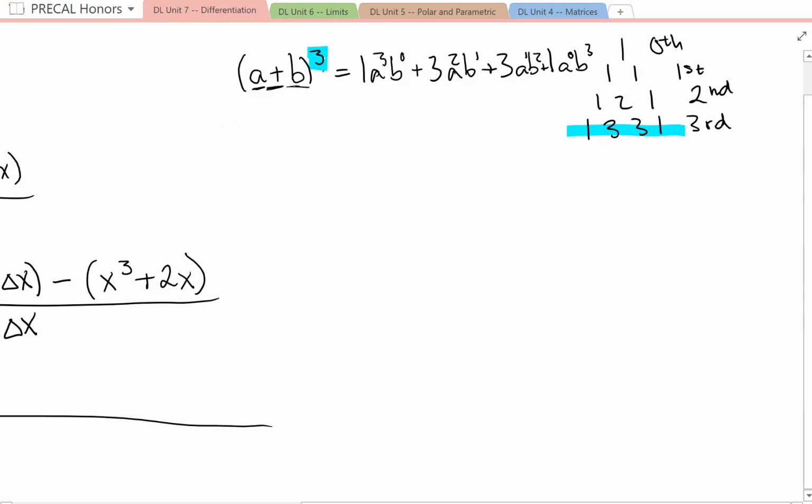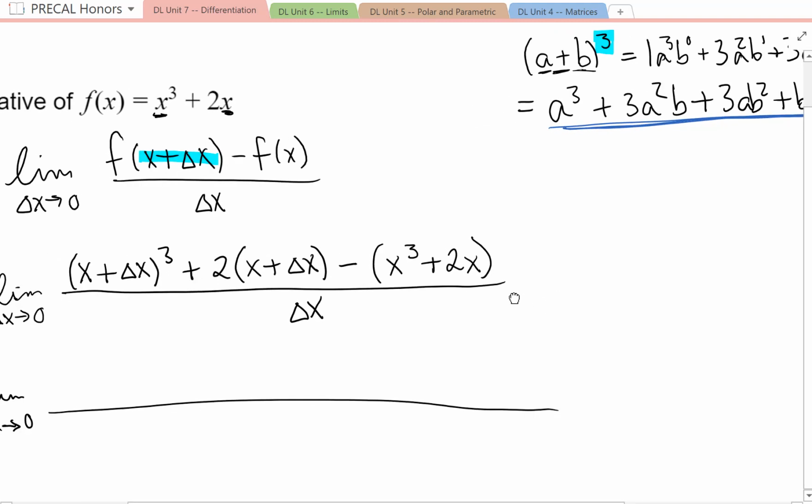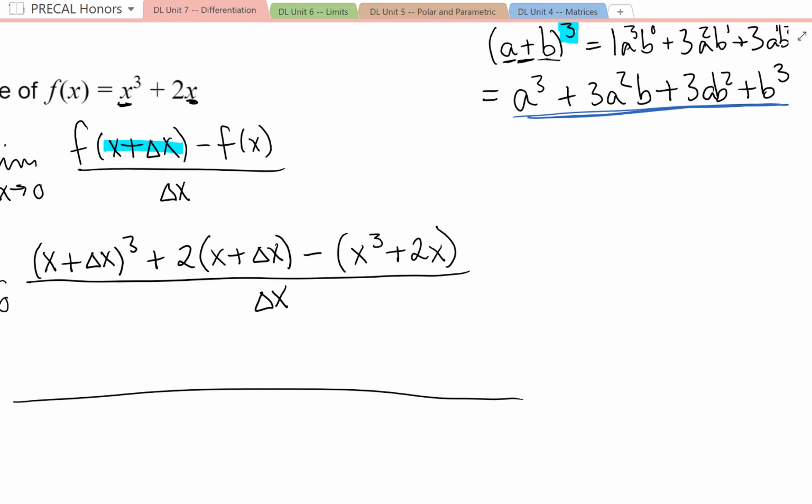So a plus b quantity cubed actually simplifies to be a cubed plus 3a squared b plus 3ab squared plus b cubed. I would encourage you to write this somewhere where you can easily access it and eventually to memorize it. So this is the type of expansion that's happening with x plus delta x quantity cubed.